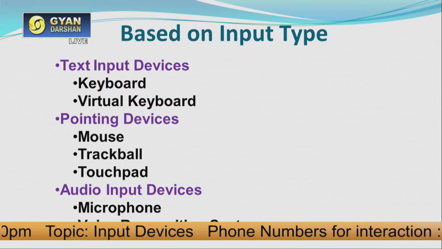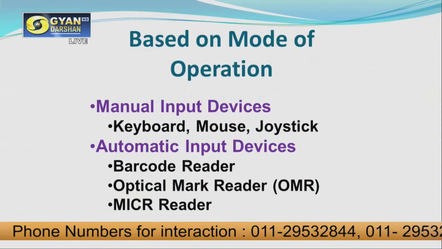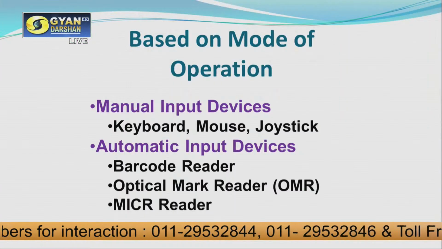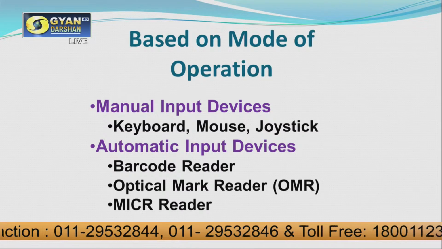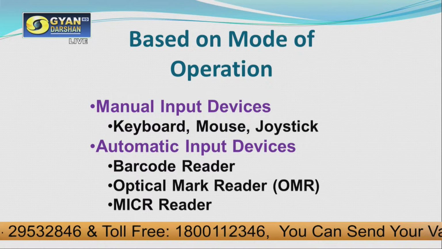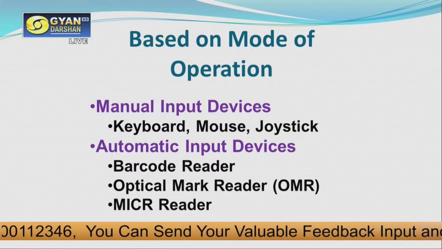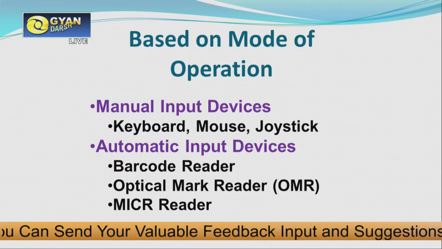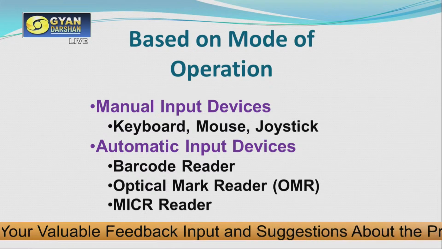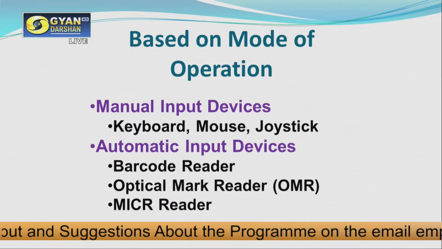Those are available currently. So based upon the mode of operation, these are being classified into either manual or automatic. For manual, you can have the keyboard, mouse, joysticks and other kinds of things, wherein one needs to use the hand and we have to use the click, or else in the joysticks we may be rotating, revolving or whatever the case may be. But when it comes to the automatic input devices, there may be some sort of readers.